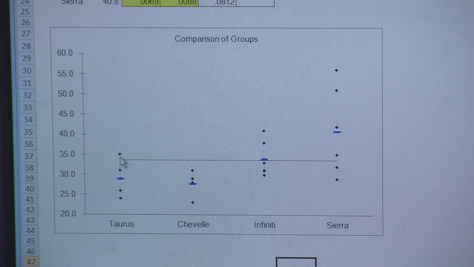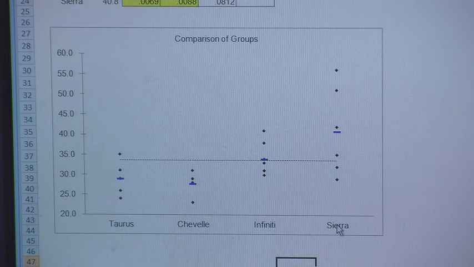One of the Tauruses actually got more than the group mean, about 35 or 36 miles to the gallon. But the overall group mean was just under 30 miles for the Taurus. And you can see here for the Sierra, one of the vehicles got nearly 60 miles to the gallon, and one of the vehicles got only about 30 miles to the gallon, whereas the group mean was just under 45.